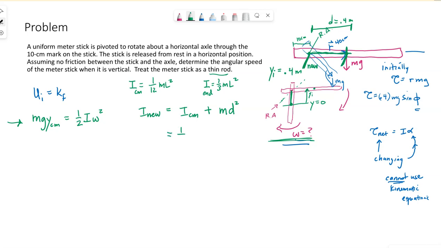I center of mass from the table is 1/12 ml squared. D is 40 centimeters. Now, I don't know the mass, but that's okay. I'm going to factor it out. L is just 1. This is a meter stick, so it's a meter long.